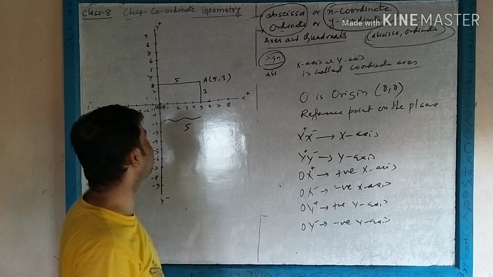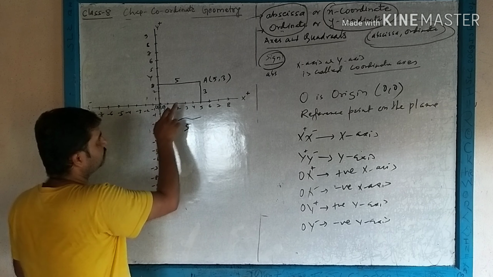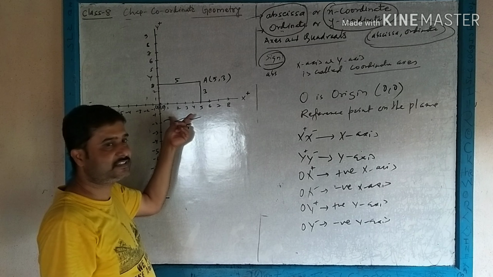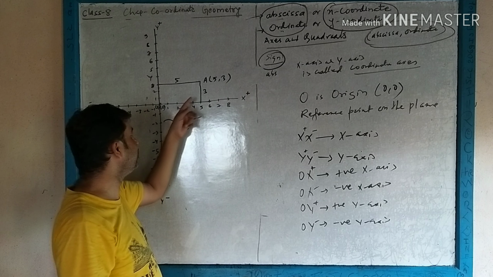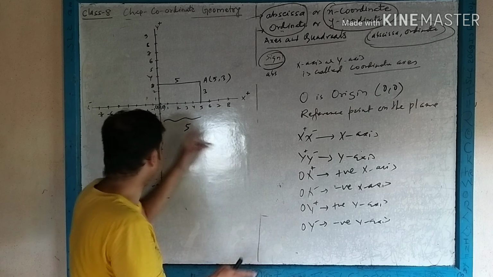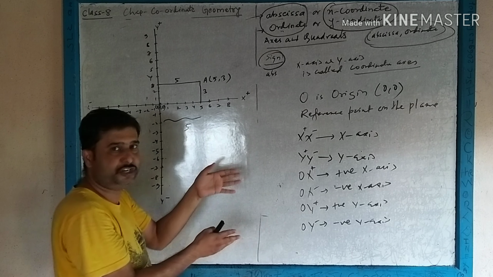How far is the point A from the origin? The point A is 5 units far from the origin along the x-axis, the horizontal component.